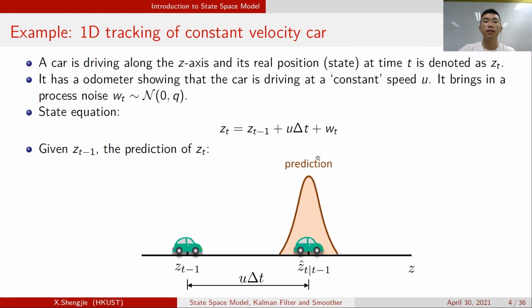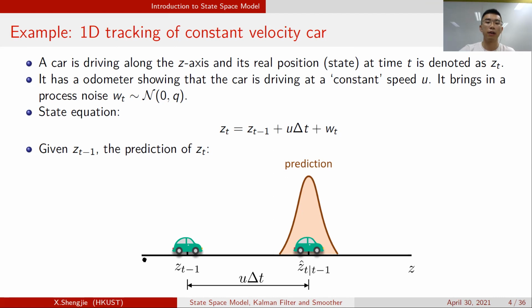And then the hidden state will have this equation. The position of the car at time t is the position at t minus 1 plus the velocity multiplied by the time period, and also add up a Gaussian noise. So using this equation, we can make a prediction at t minus 1 of the location at t.